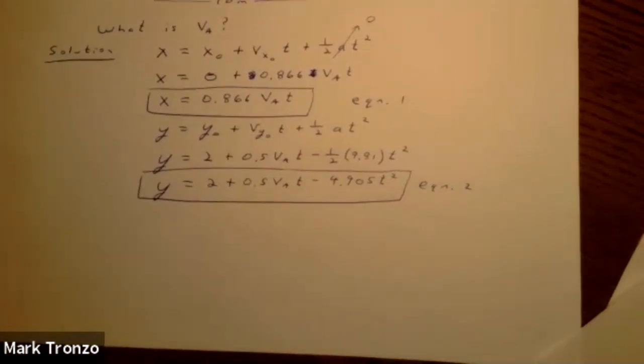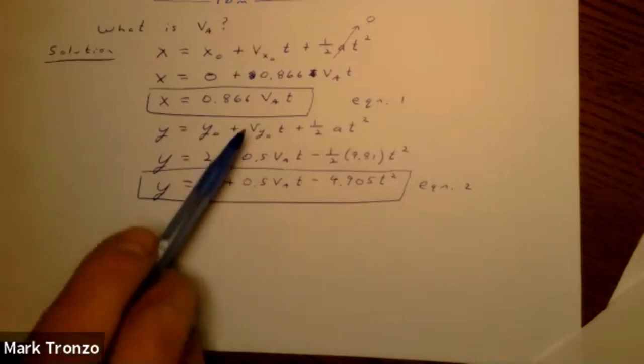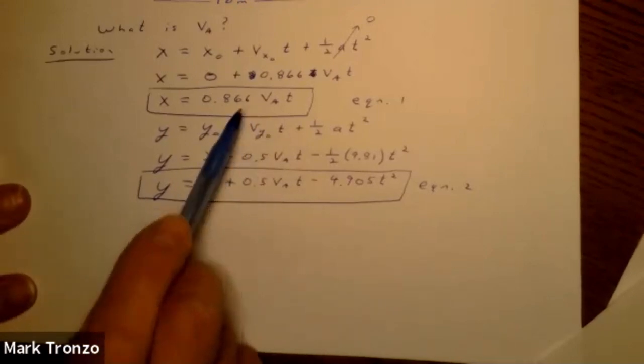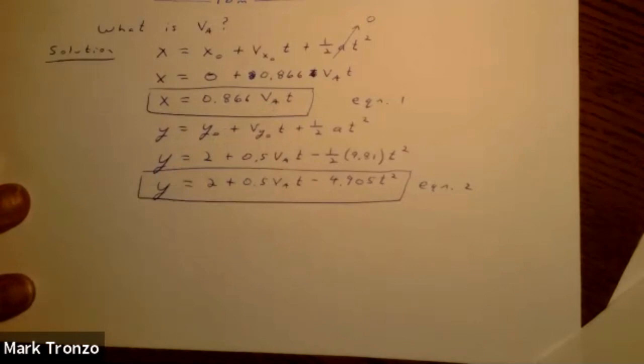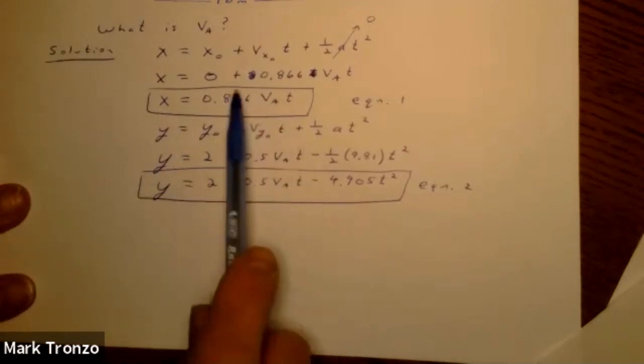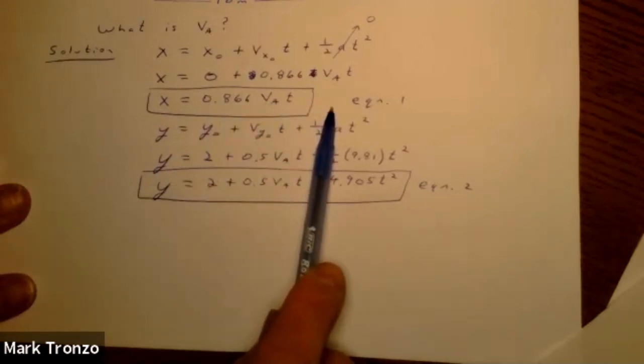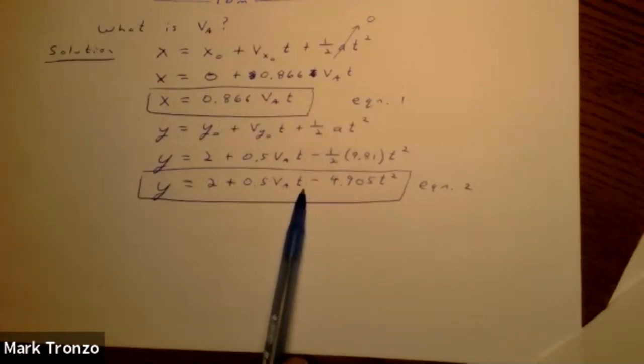Now, for almost all these problems from now on, unless it's the first one where we start at ground level and end there, there's an easier way to do it. What we're going to do is substitute equation 1 into equation 2. We're going to solve equation 1 for t and put that in equation 2.